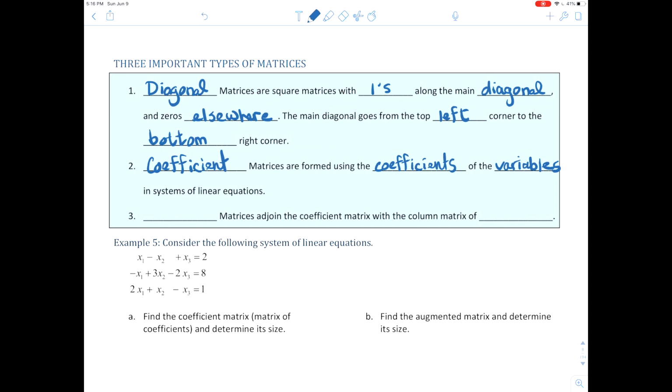So we use coefficient matrices for a lot of things, one of which is finding out whether a set of vectors spans, right, is one really important application, and many, many others. All right, and then we have augmented matrices. And they adjoin the coefficient matrix with the column matrix of constants.